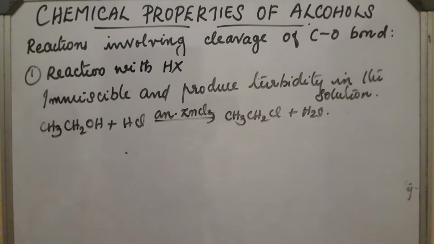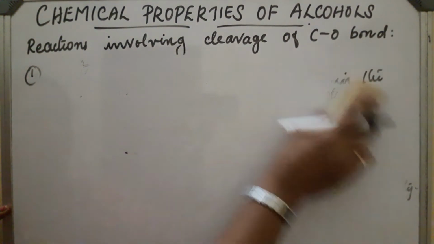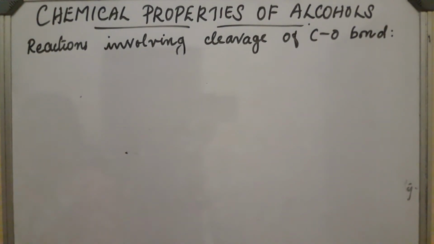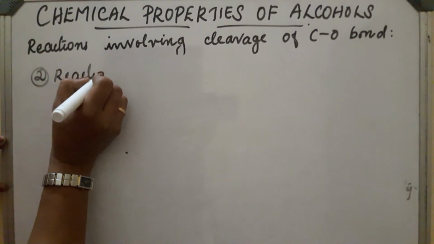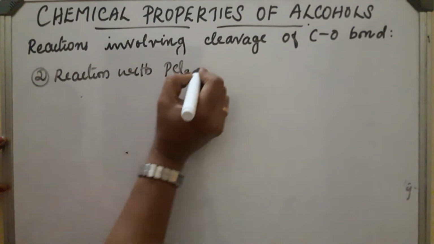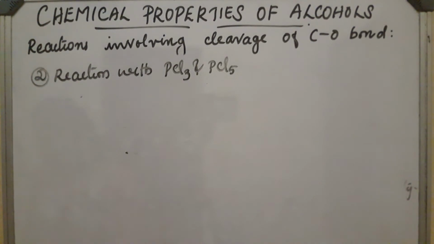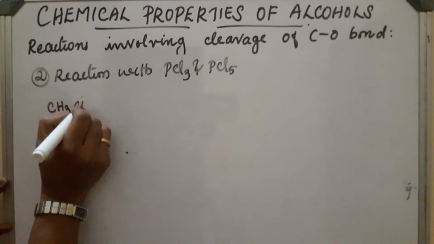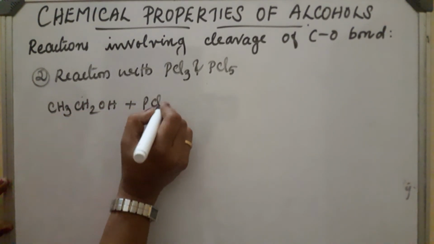Now, the second type of reaction is the reaction with phosphorus halides like PCl3 and PCl5. Take the first one, CH3CH2OH on reaction with PCl5.